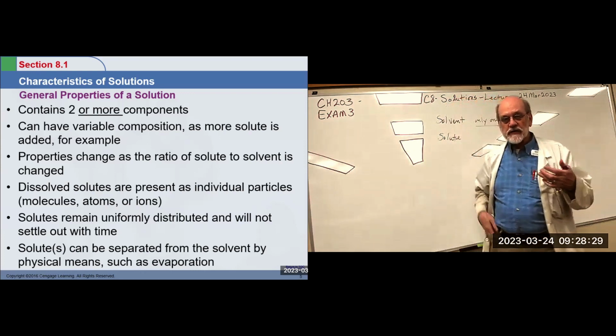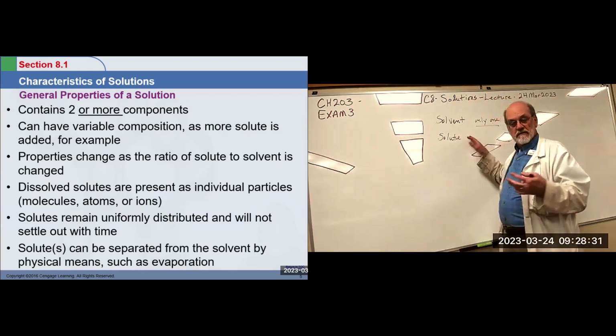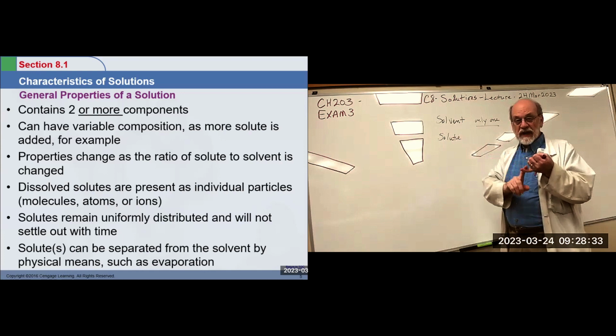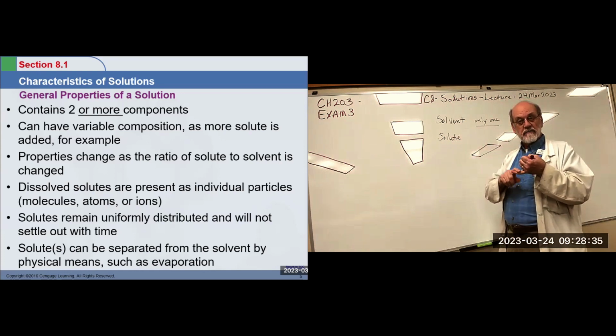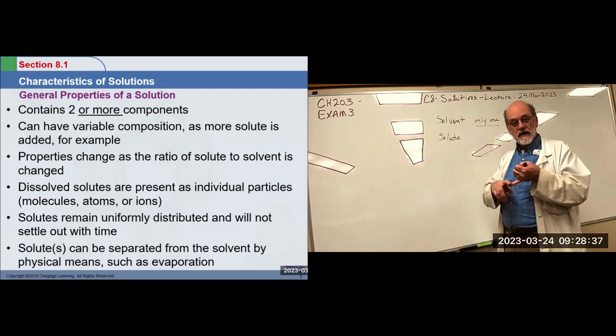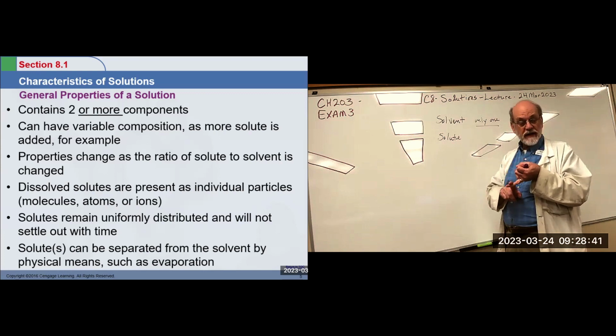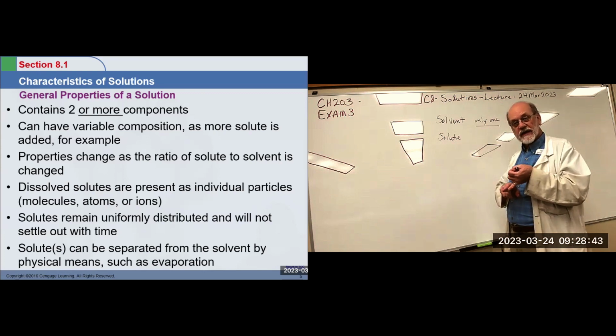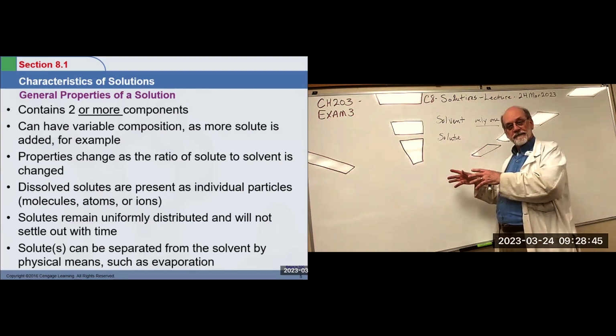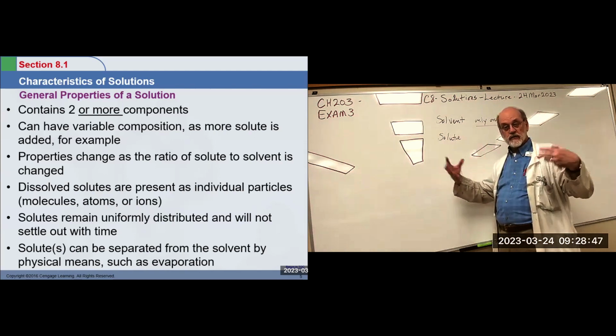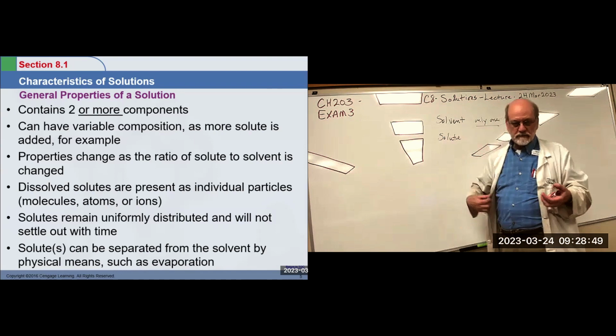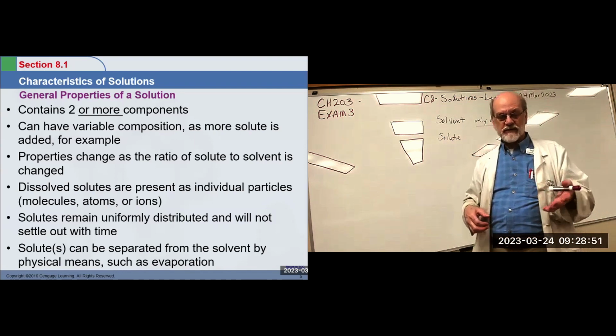The solutes can be molecular, right? They can be molecules like sugar molecules. They can be ions like sodium and chloride. If you dissolve table salt in water, then they break apart into individual ions. Or they can be separate atoms.